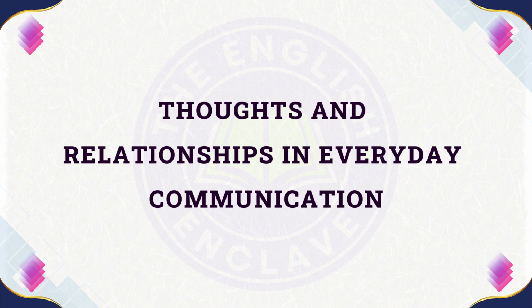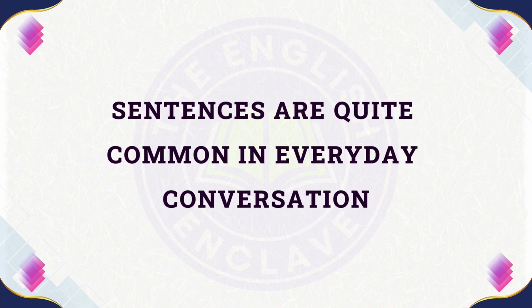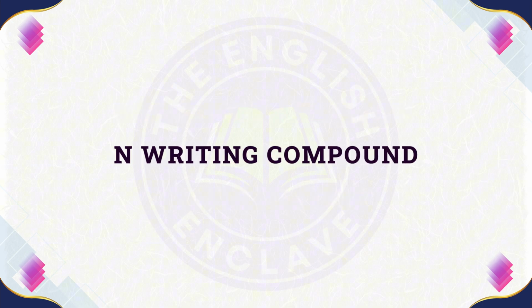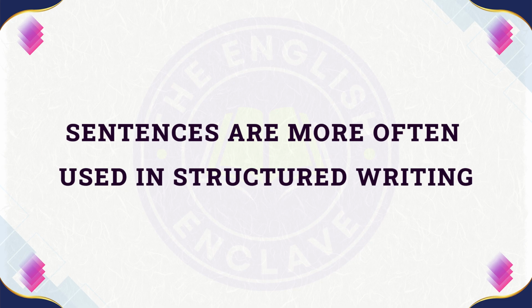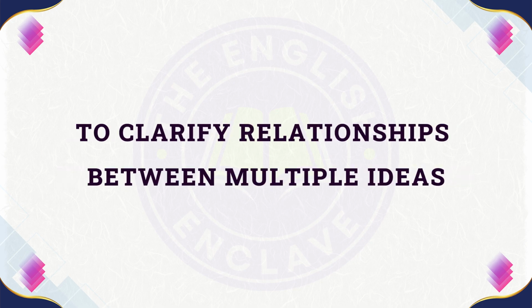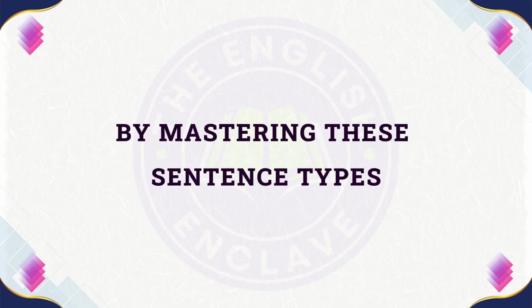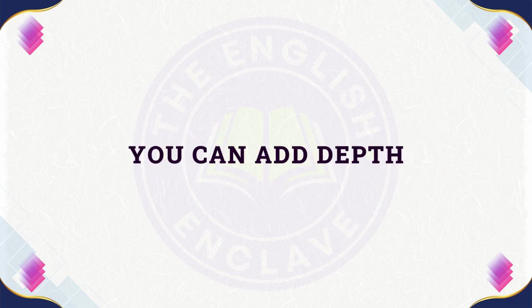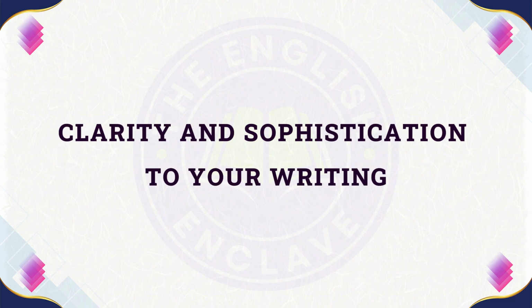In everyday communication, while complex sentences are quite common in conversation and writing, compound complex sentences are more often used in structured writing to clarify relationships between multiple ideas. By mastering these sentence types, you can add depth, clarity, and sophistication to your writing.